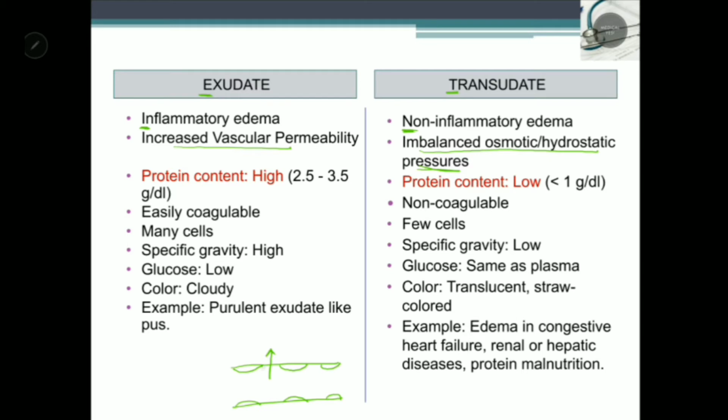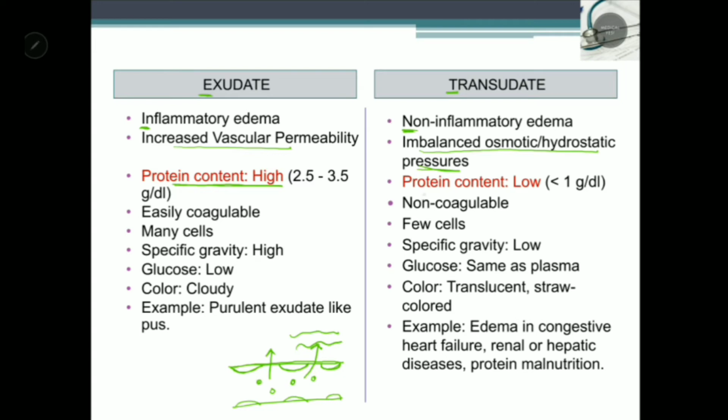Now, as you can probably guess, since in inflammatory edema there is formation of gaps in between the cells lining the endothelium of the vessel, along with the fluid, even the plasma proteins present inside the vessel find a way to move out of the vessel into the interstitium, which is why the protein content of exudate is high.